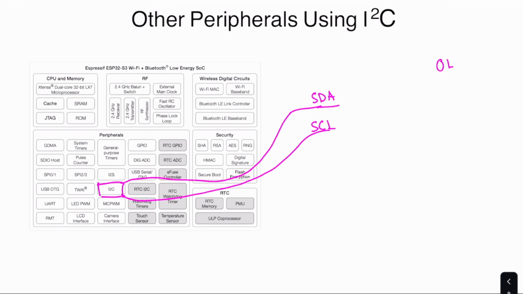Our OLED display is connected over I2C. Our compass will be. Our inertial measurement unit will be. The vision module also is over I2C. So the normal way to draw this would be as a bus.